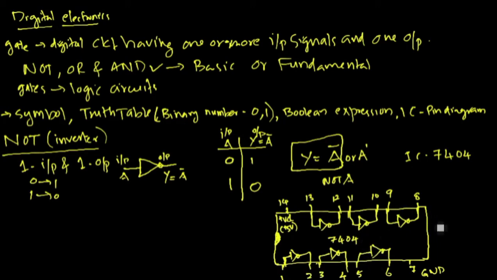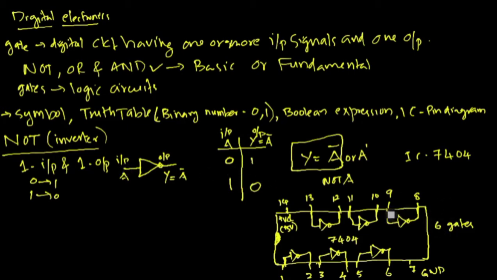So this IC 7404, which is a NOT gate logical IC, has 6 NOT gates in it. Each gate has one pin for input and one pin for output. So this is the IC pin diagram of the IC 7404.